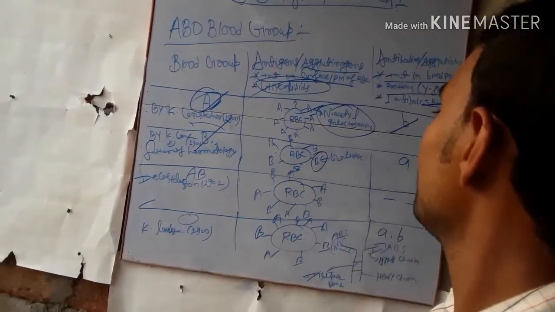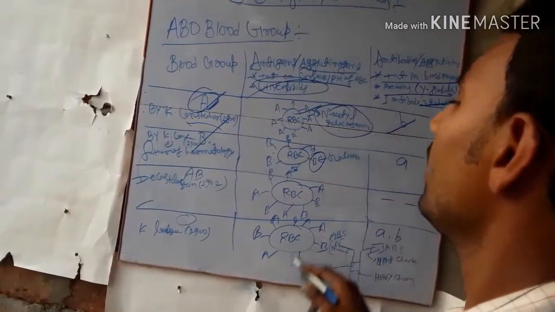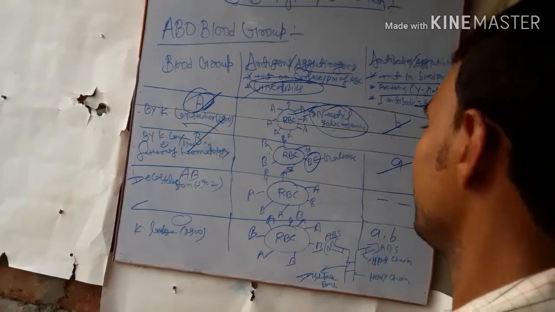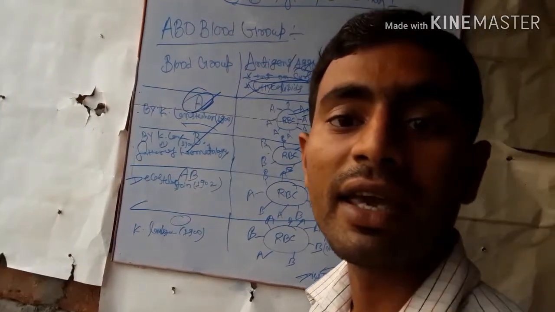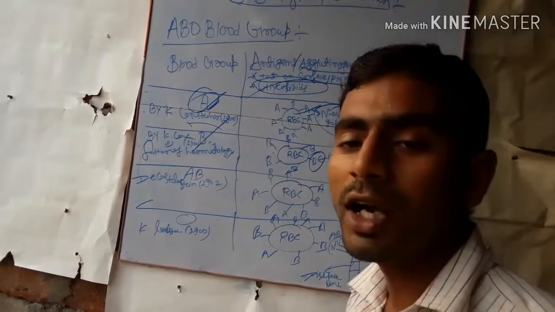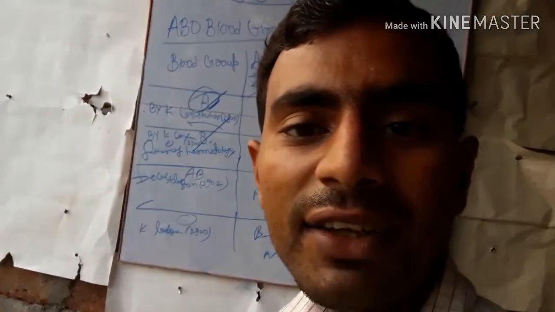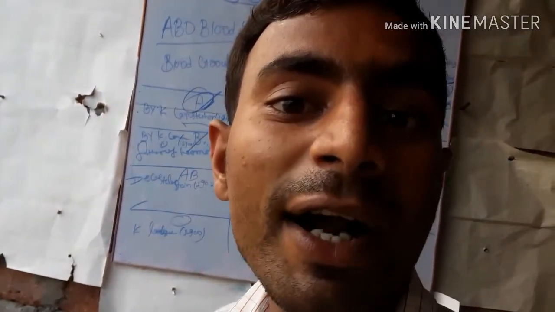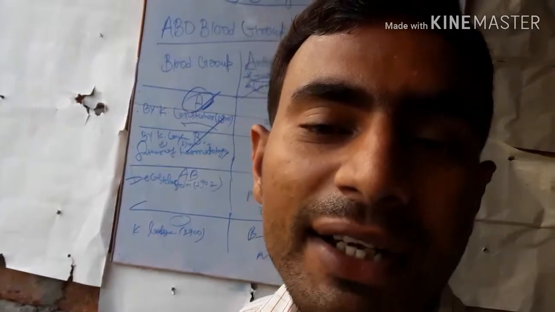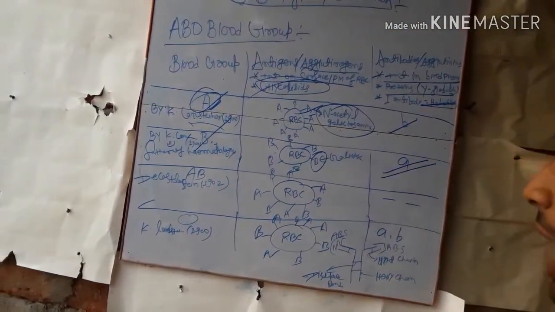Here B is galactose. Its antibodies are A. So if the blood group is B, the antigen is B, but the antibodies are different, that is A.